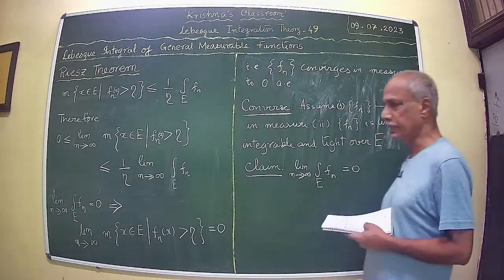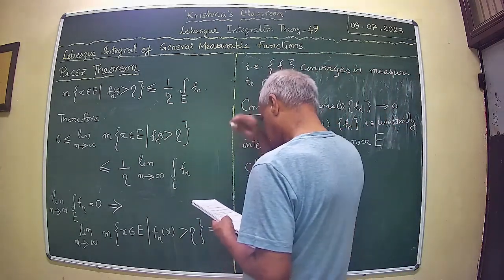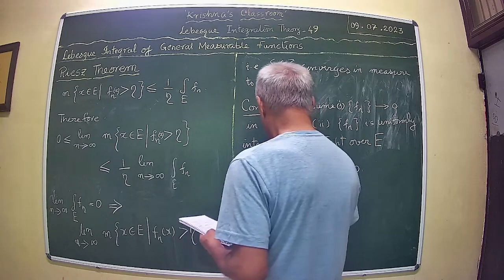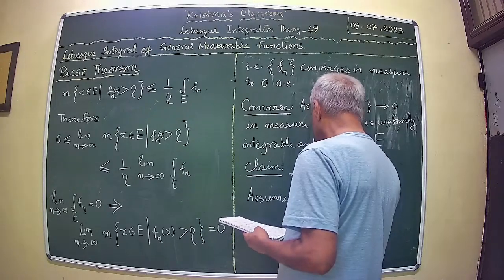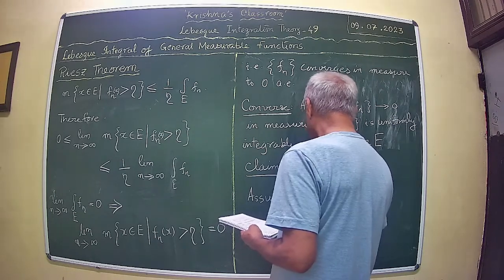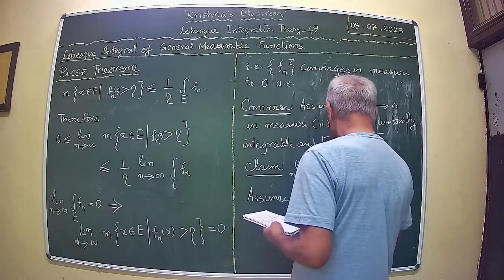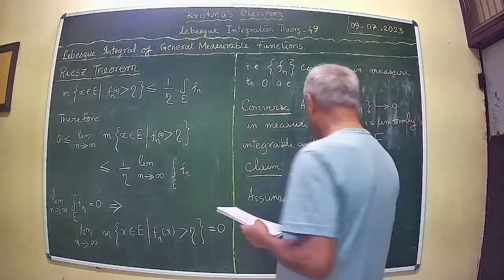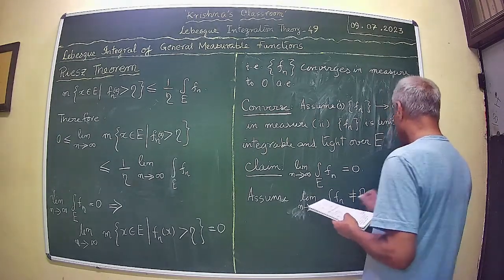So we use the method of contradiction. Assume the limit as n tends to infinity of the integral of Fn is not 0. The Fn's are all non-negative, therefore this is positive; this means that it is greater than 0 because the Fn's are positive.